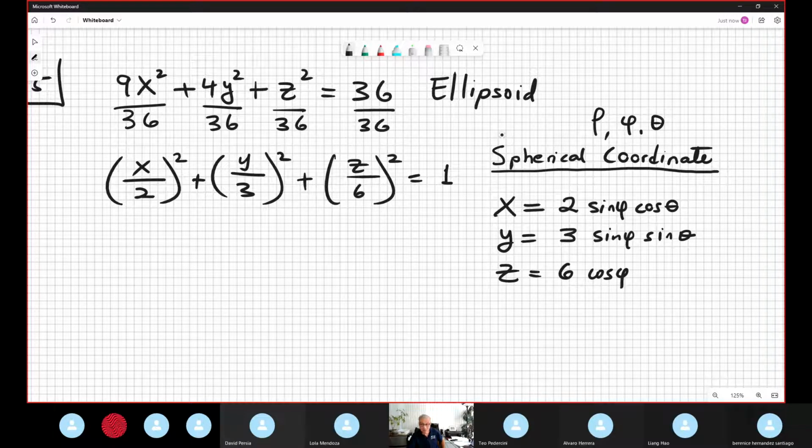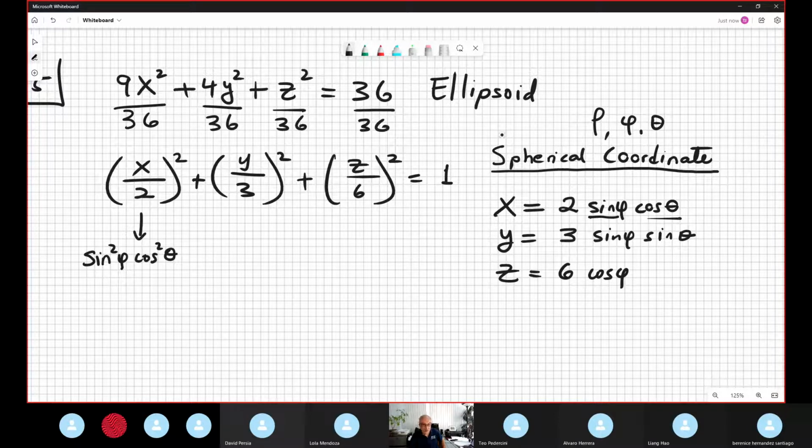To show you this idea quickly, suppose I move these two to the left: x over 2 is actually sine squared phi cosine squared theta. Do you see this idea? I try to make this look similar to this. So x over 2 is sine and cosine.